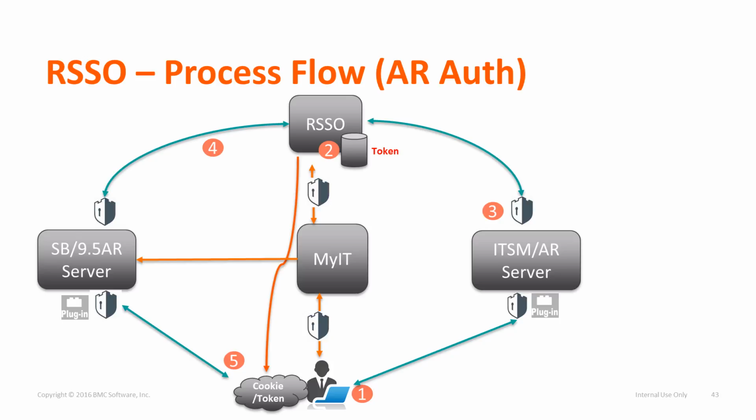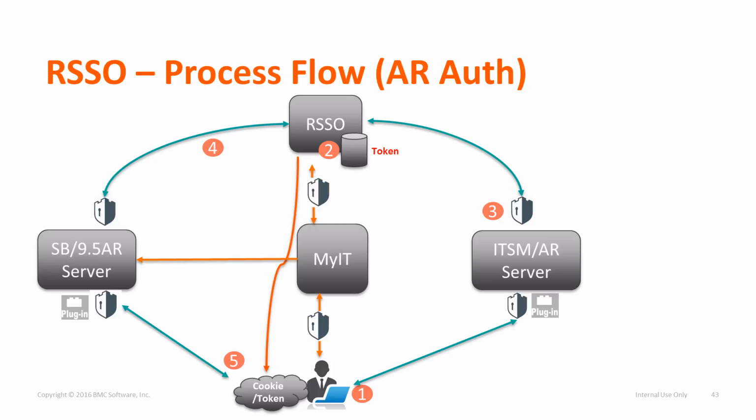So in terms of the overall flow, I drew out a little diagram here just to give you an idea how it works from an AR authentication side of things. So the user logs into MyIT. Then at that point, there's an agent that intercepts that request, and that agent then redirects you to the Remedy single sign-on page.